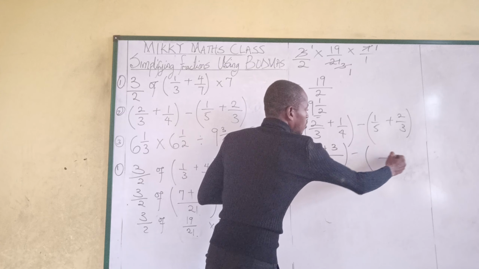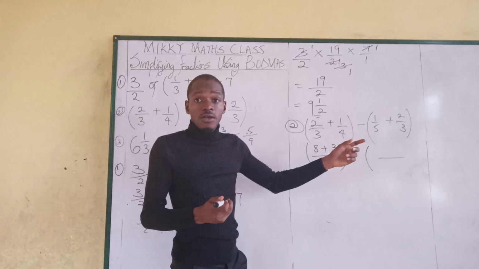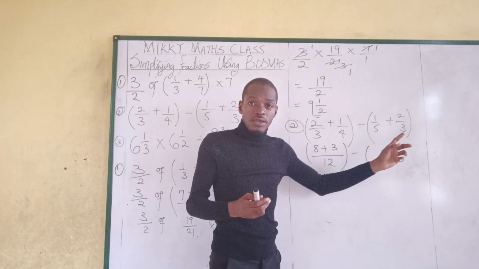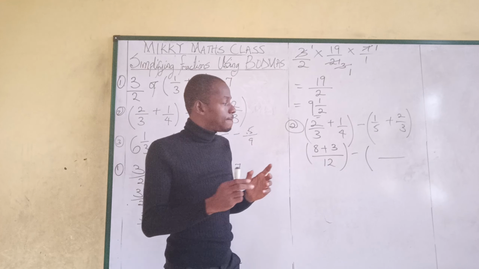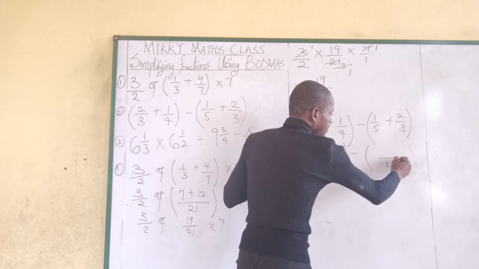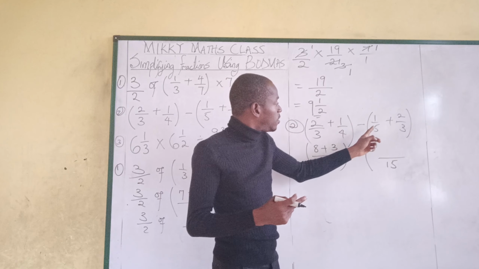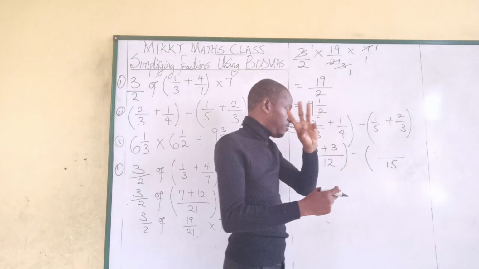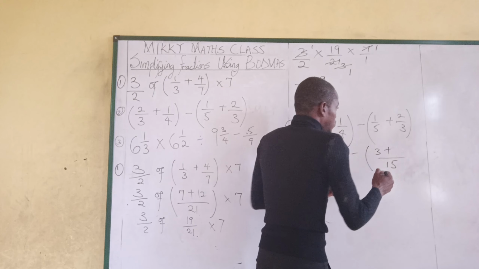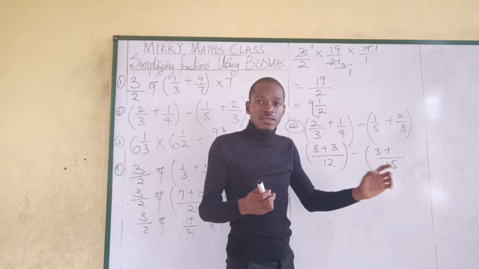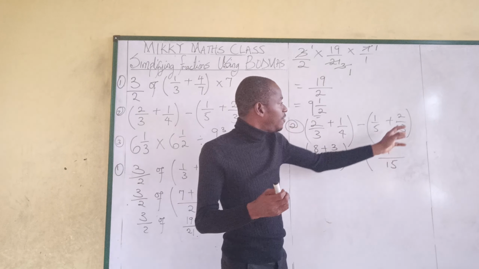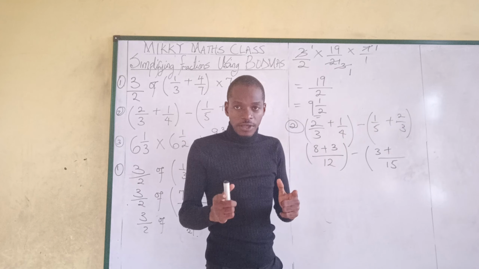Minus, let's look at the second bracket. Let's solve it. The LCM of 5 and 3 is 15. 5 in 15 is 3. 3 times 1, what is up, is 3. Plus, how many 3 will you see in 15? 5. 5 times 2 is what? 10.